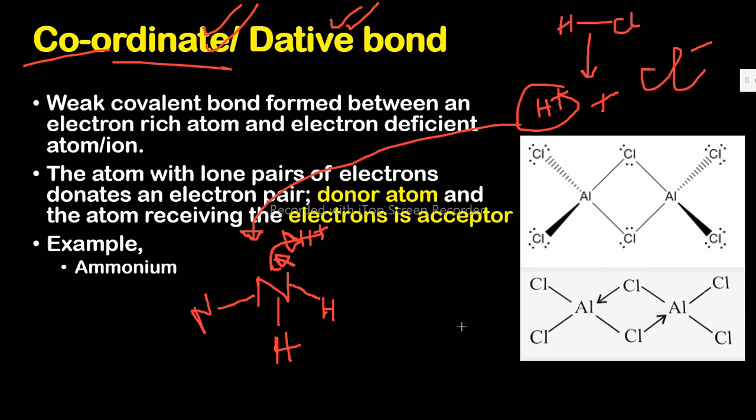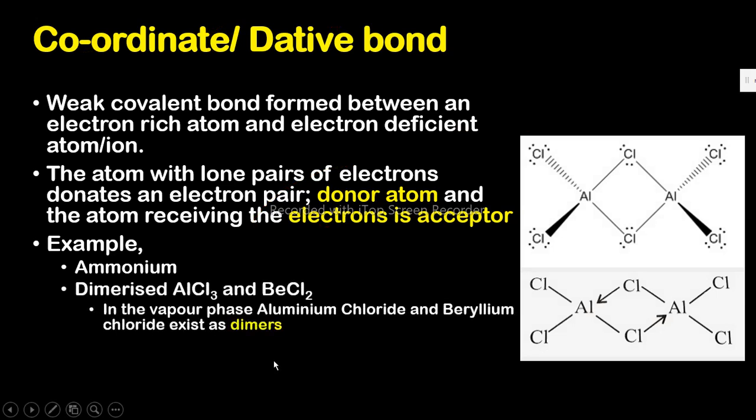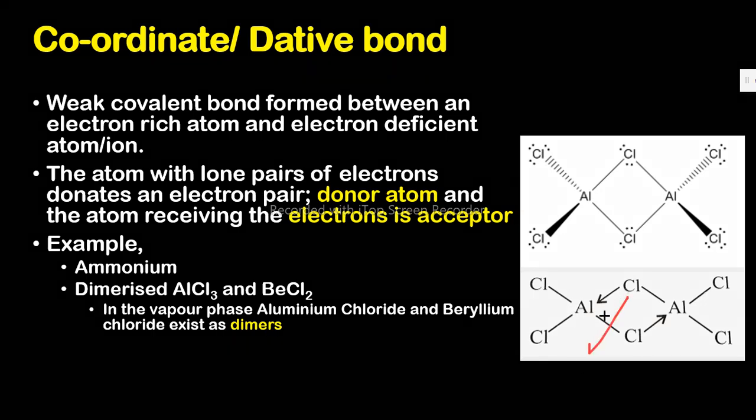You remember when we talked about aluminium chloride, they do dimerize as one of the properties, when we discussed the diagonal relationship between aluminium and beryllium, the resemblance. This is aluminium chloride and this is beryllium chloride. They do dimerize. What is dimerizing?